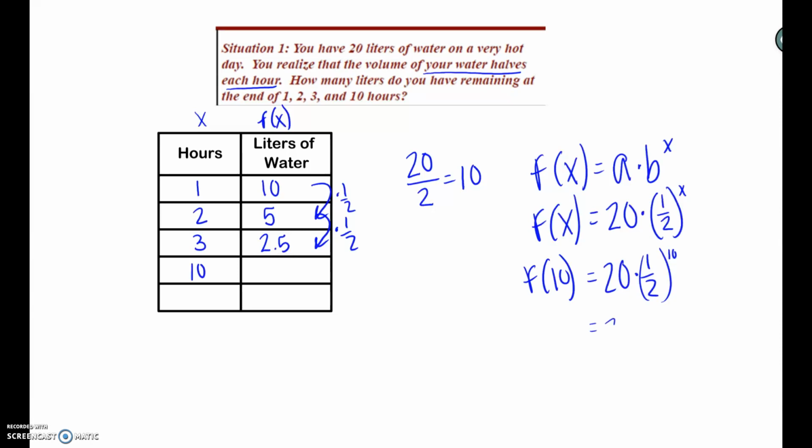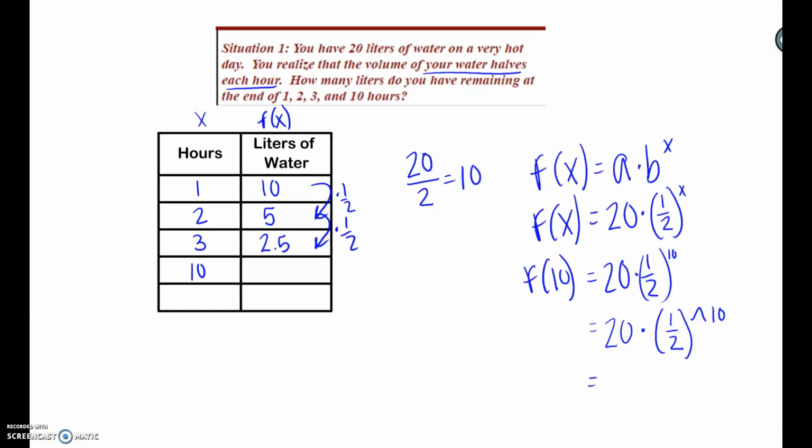So when we type that in, we're going to do 20 times, put your 1/2 in parentheses, and then there's a little button called a caret. It looks like this on your calculator. And we're going to take that to the 10th power.